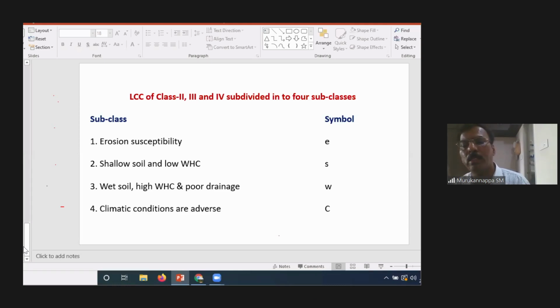NBSS LUP is one organization, and the All India Land Use Survey is another. These national organizations took the survey earlier, and after making the survey, they have to go for classifying the different categories.